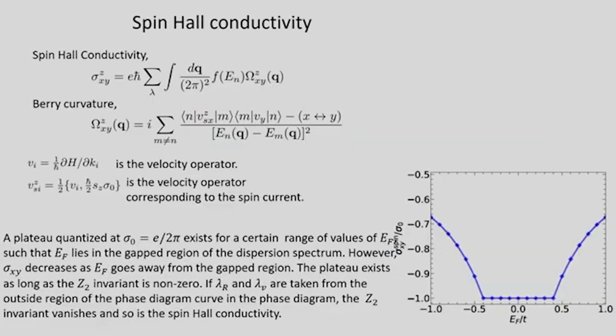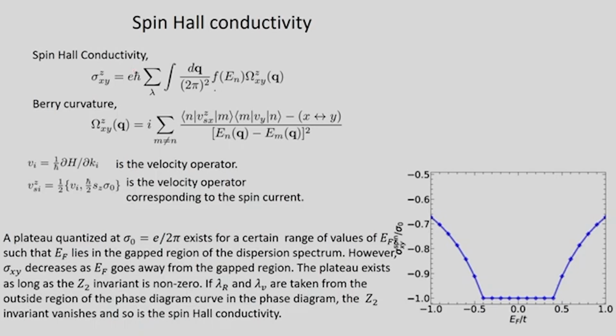Okay. So, finally, the spin Hall conductivity. You can call it with an S also, but it is written with a z, because you are talking about the z component of the velocity. So, this is really the spin Hall, not the charge Hall conductivity, which is equal to 0 anyway.